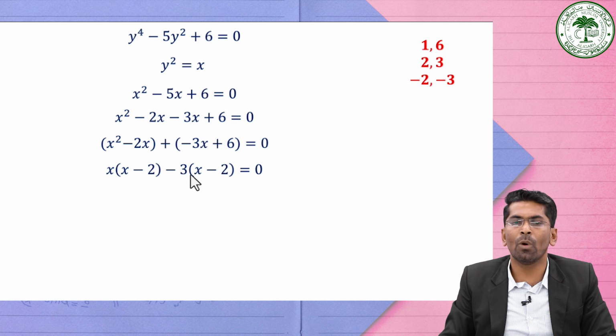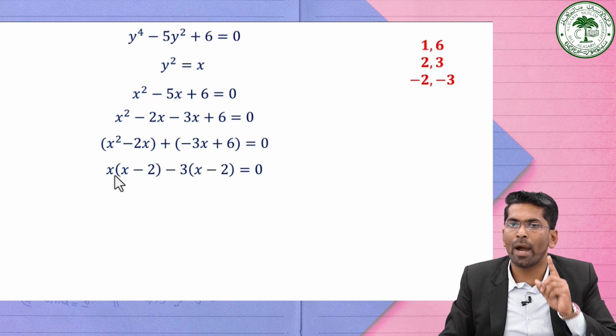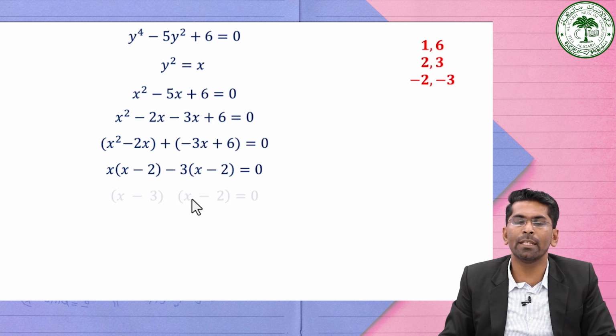Here minus 3 is common, so I am taking minus 3 outside. What is remaining? x minus 2. So minus 3 into minus 2 will become plus 6. Equating to 0, now x minus 2 is common, so I am taking only one x minus 2, then x minus 3 also here. So it is x minus 3, x minus 2, which is equal to 0.